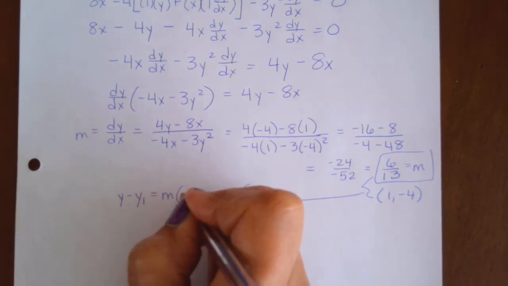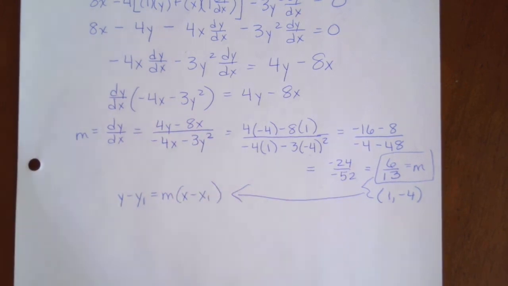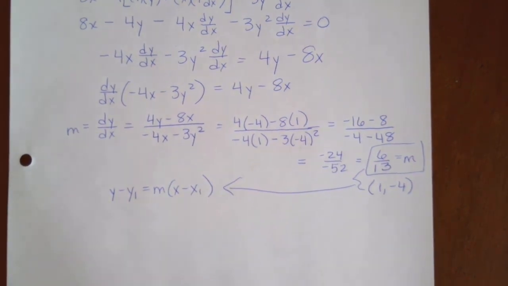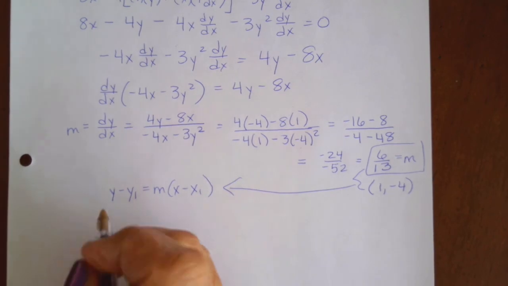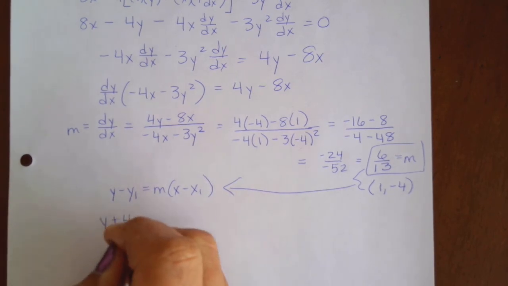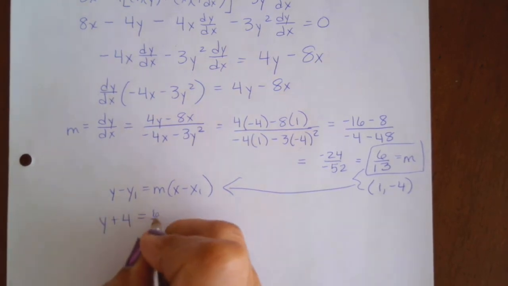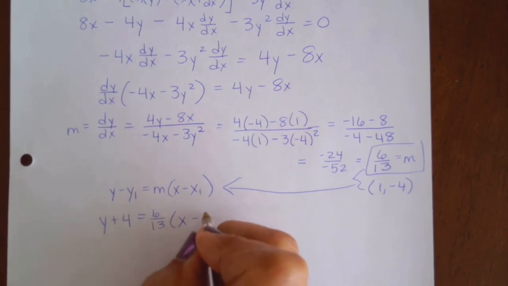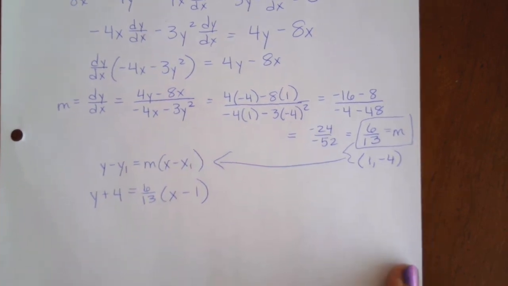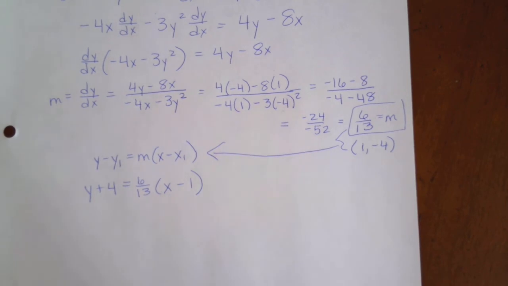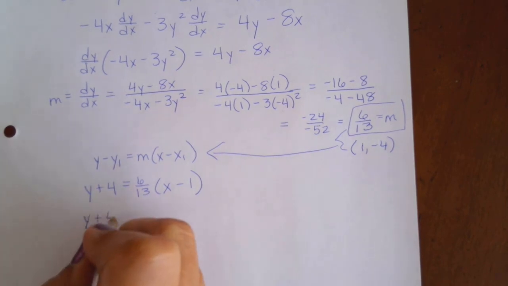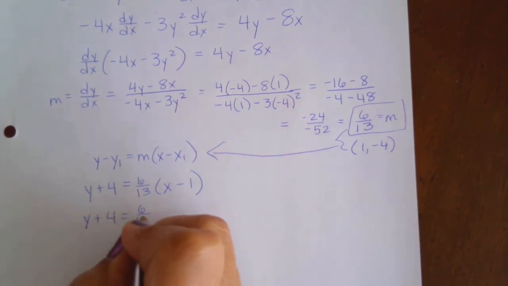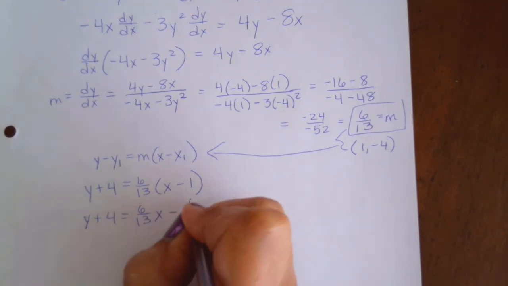Write the equation of the tangent line starting with that. So we're going to do y minus negative 4, which will be y plus 4, equals the slope 6/13 times x minus 1. So that gives you y plus 4 equals 6/13 x minus 6/13.